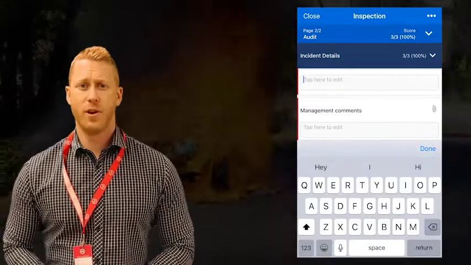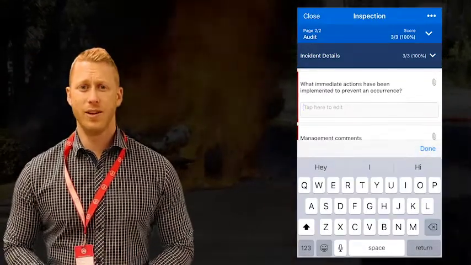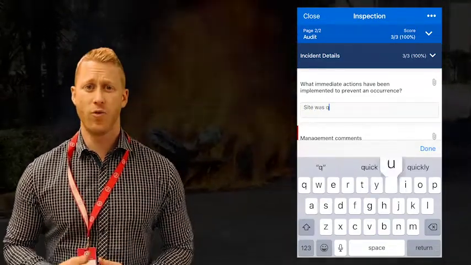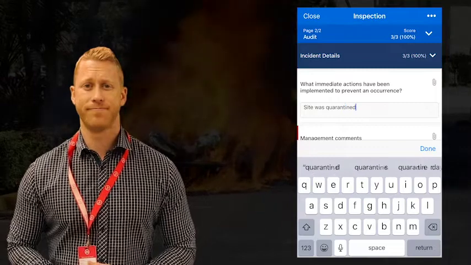Now, the next most important question that it asks is, what immediate actions have been implemented to prevent a recurrence in the future?